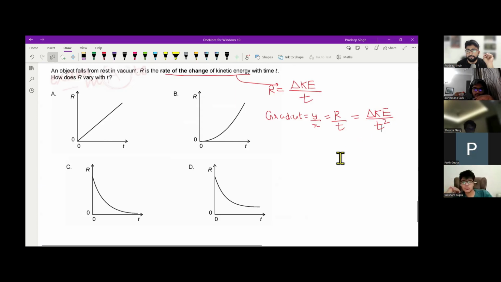The only thing changing here is velocity because of constant acceleration. So it's 1 upon 2 mv squared, and v is increasing linearly. Time is also increasing linearly, so that's why he's saying it will be balanced out. That way. Okay. So what is the answer for this? It should be A then. Okay. It is indeed A.